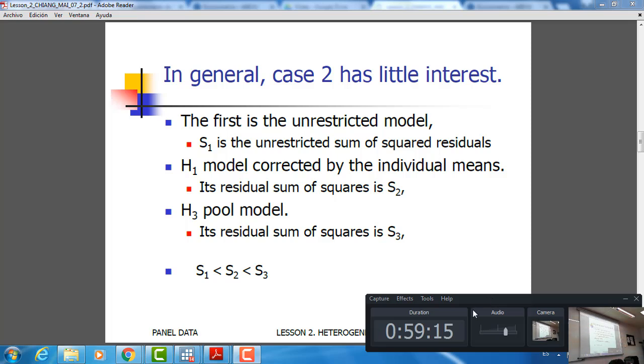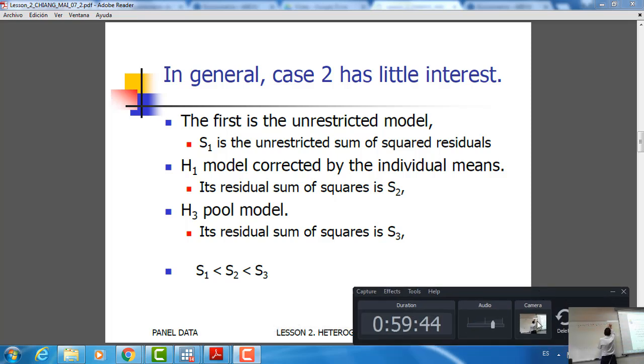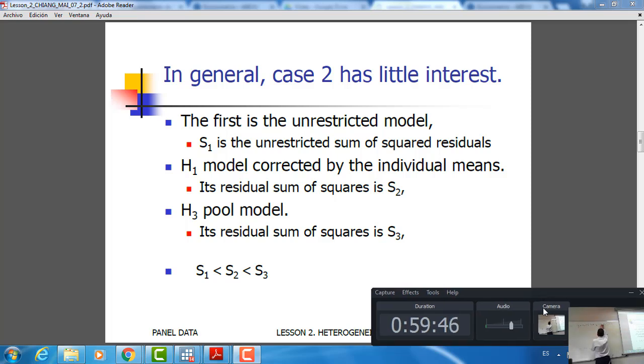The first thing I'm going to do is write a model here, which is more general: y_i equals alpha 1 x1 plus alpha 2 x2 plus alpha 3 x3 plus u_i. All of them are i's.